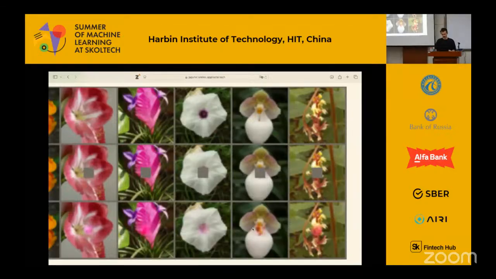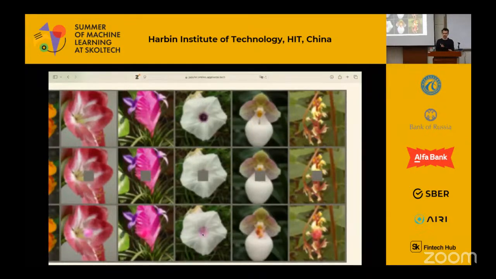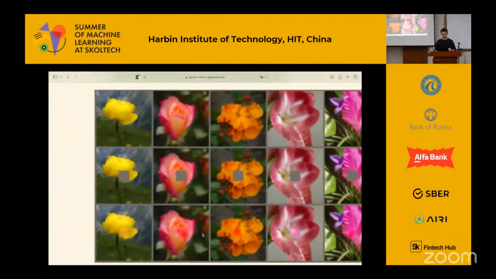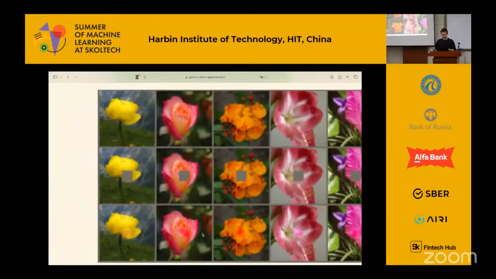For example, the purple middle in this flower is being reconstructed with better quality. The main thing here is that the flowers do not look blurry anymore, and hence this is more visually attractive and can be considered a relatively good solution to the problem.